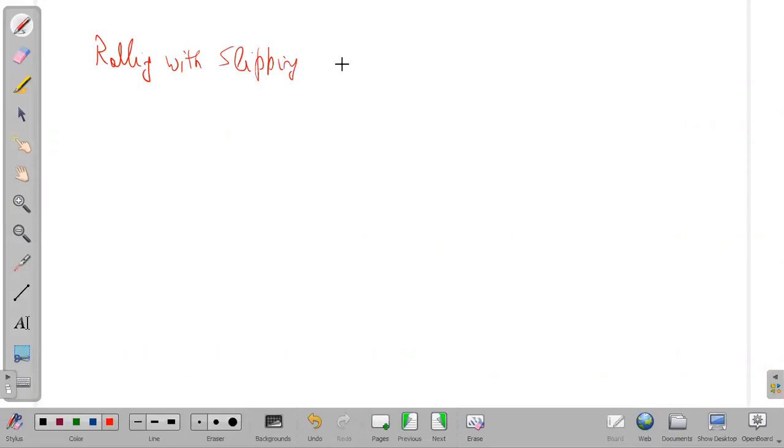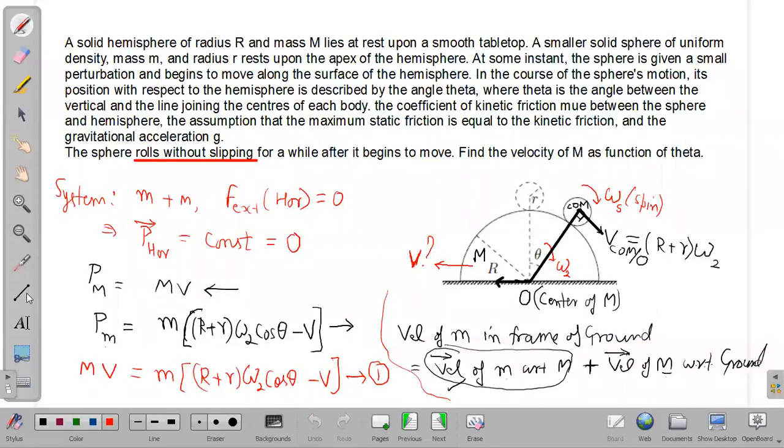The criteria should be that the velocity of the center of mass relative to the hemisphere has to be equal to small r multiplied by omega.